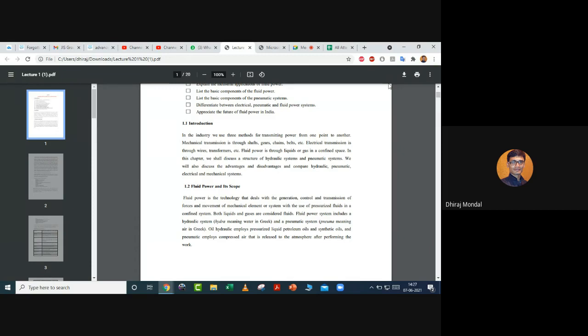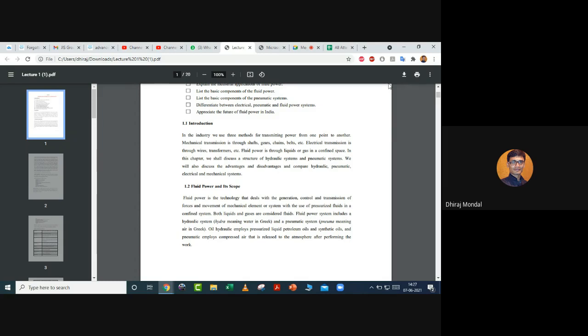So what I am going to say here, the hydraulic crane, hydraulic actuator, hydraulic lift, these are the things which are operated by the help of this fluid power control, that is pressurized fluid.